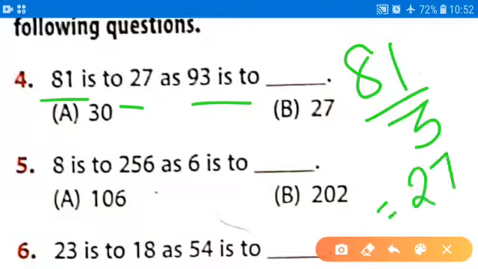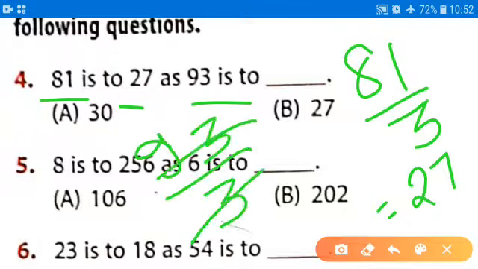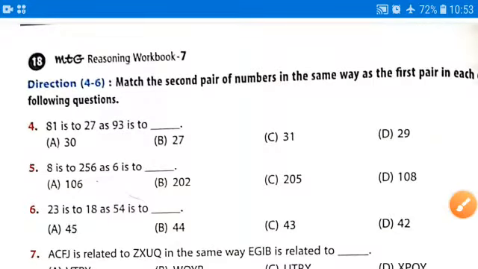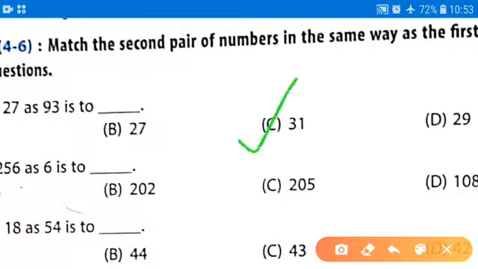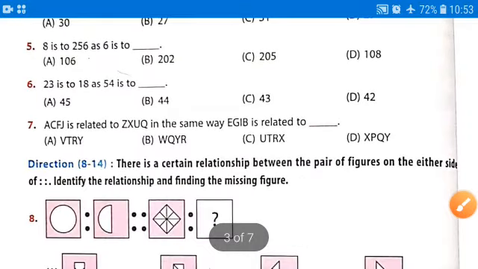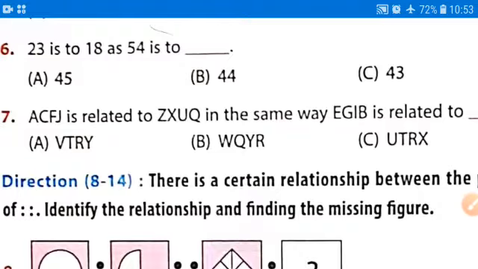In the same way, when you divide 93 by 3, you will get 31. So the correct answer for this question is option C, that is 31. Now moving further, these are the same kind of questions. Now coming to question number 7.